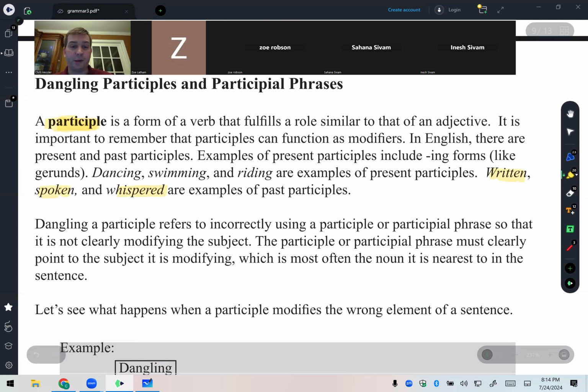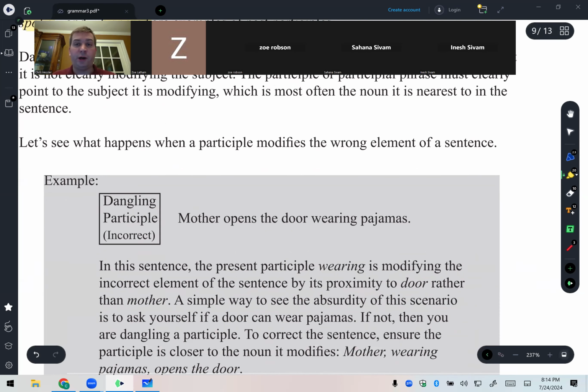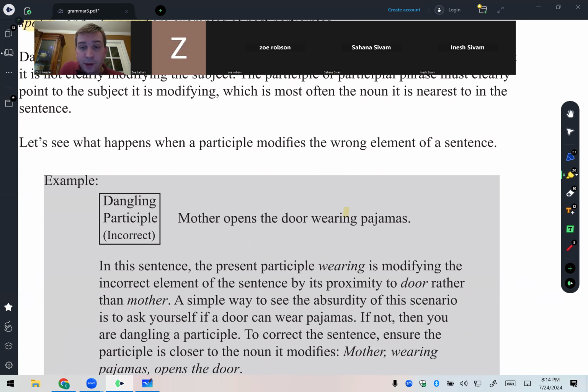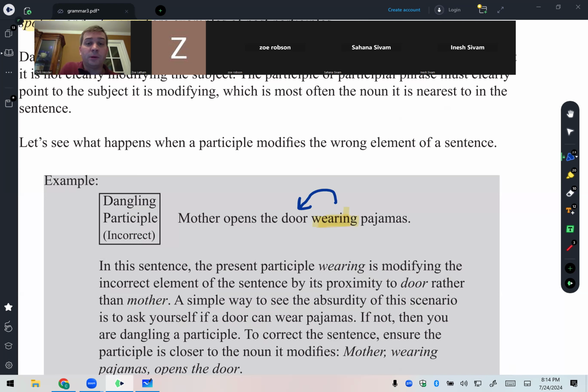So let's take a look and see a dangling participle. So I am going to highlight the participle. It's right here. And there is a problem with this sentence. Mother opens the door wearing pajamas. Can a door wear pajamas? That's a dangling participle.